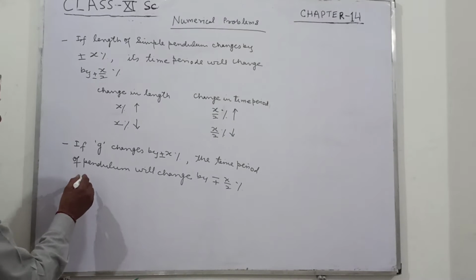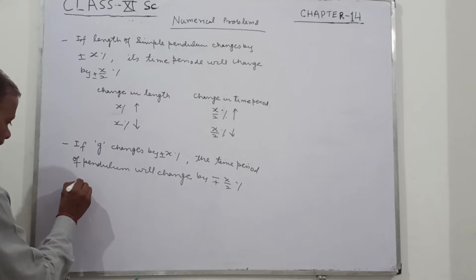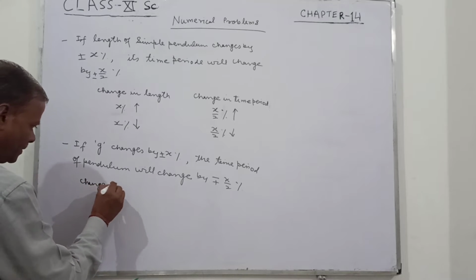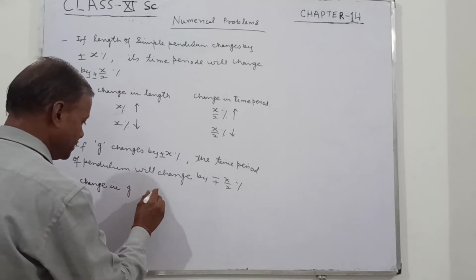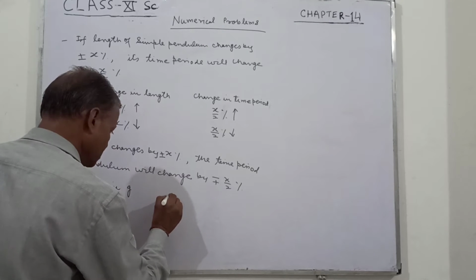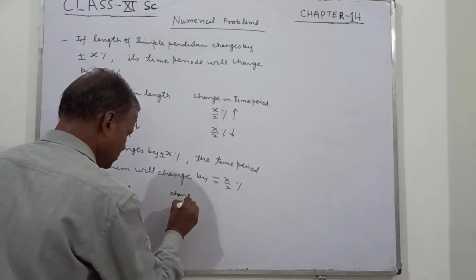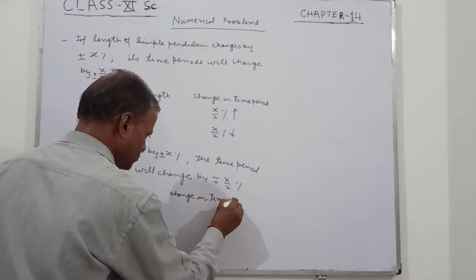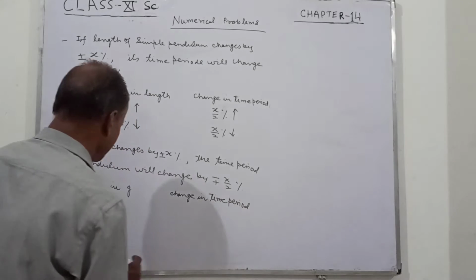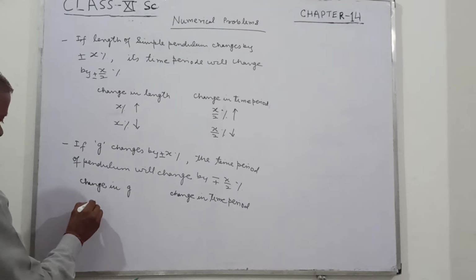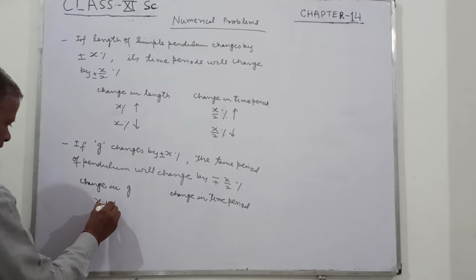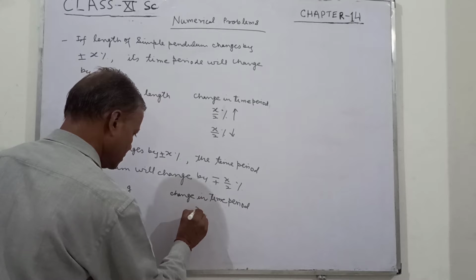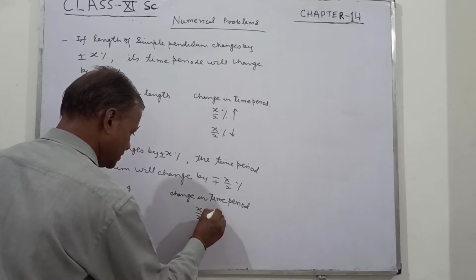So here I can show that change in G and here is change in time period. Suppose G is increased by x%, then the time period will decrease by x by 2%.